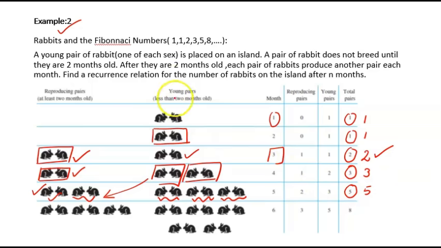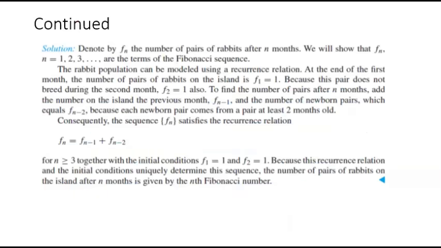Now if I have to formulate this as a mathematical problem, how will I formulate it? Formulation requires a very smart approach, and what we are going to do is represent Fn as the number of pairs of rabbits after n months. Fn represents the total number of pairs of rabbits after n months.